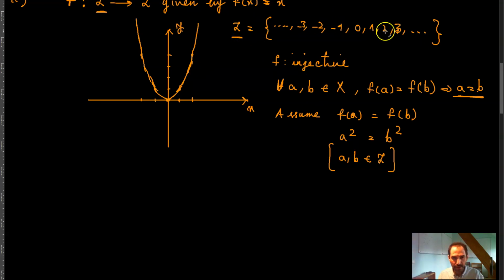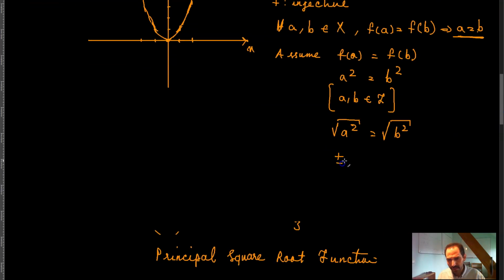The negatives are there, the positives are there, the 0 is also there. So if I take the square root of a squared and write it as equal to the square root of b squared, then the square root of a squared is plus or minus a, and the square root of b squared is plus or minus b, and you get basically plus or minus a is equal to plus or minus b.